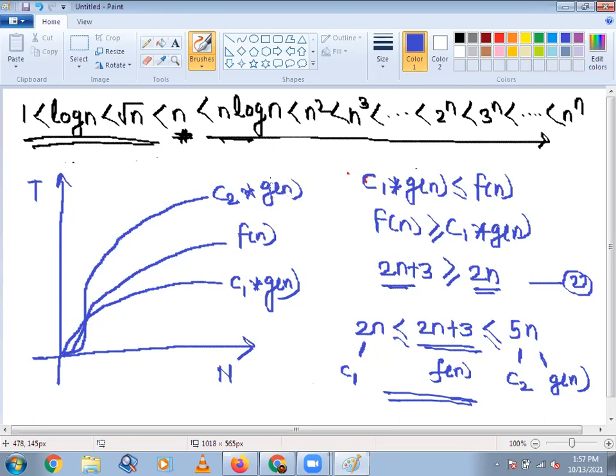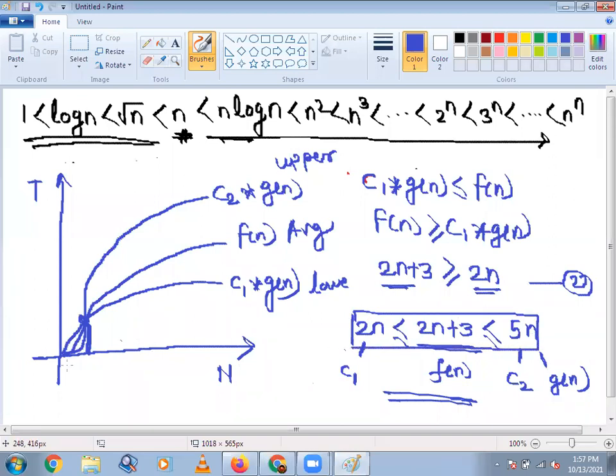Here c2 acts as upper bound. This is average. This is lower. And there is only one point where the three parts of this equation are satisfied. That point is n0.